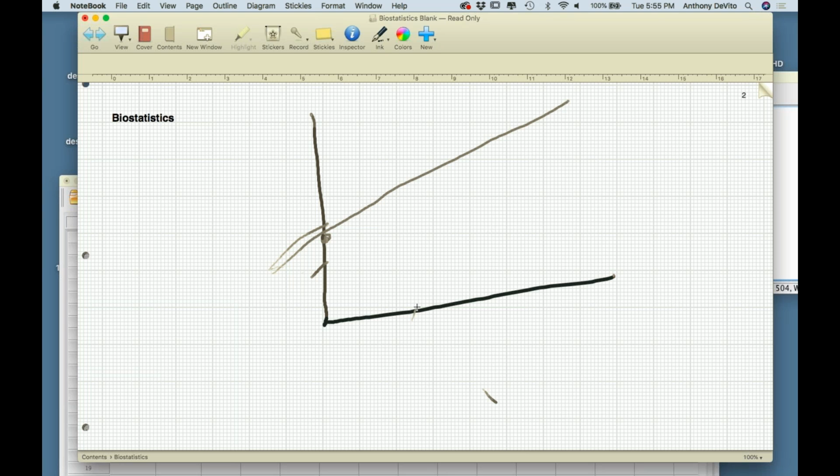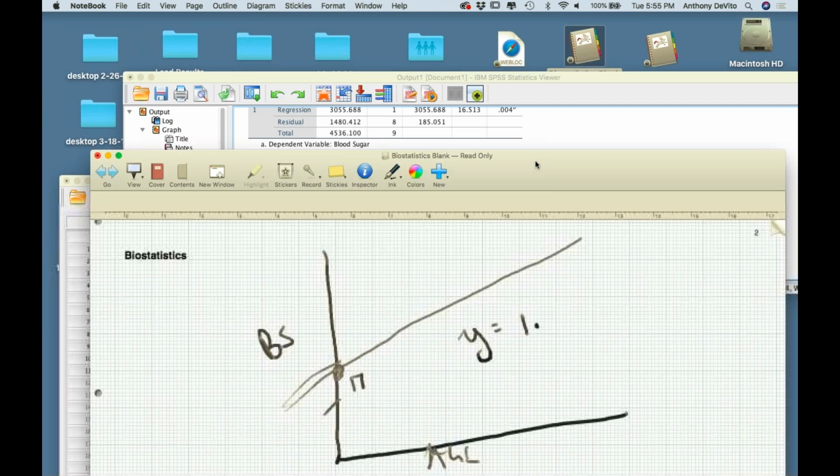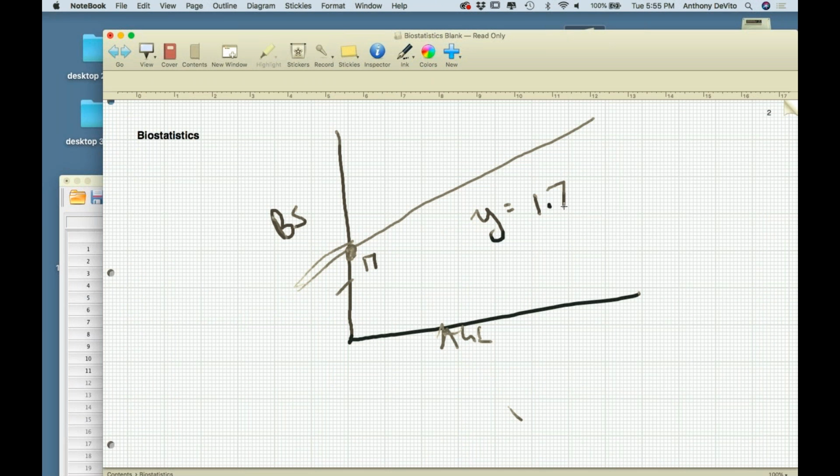This is age, and this is blood sugar, right? This would be 17, and the formula for that line would be y equals 1.76x plus 17. That's our formula for that line.